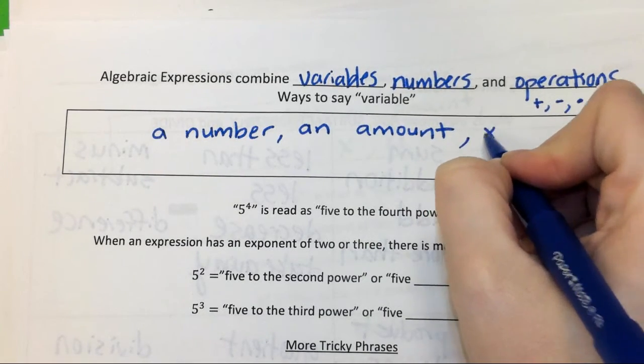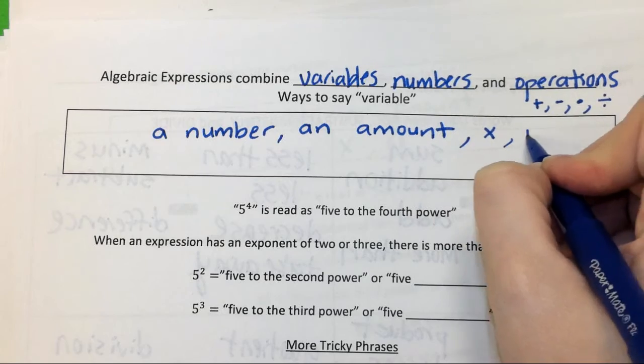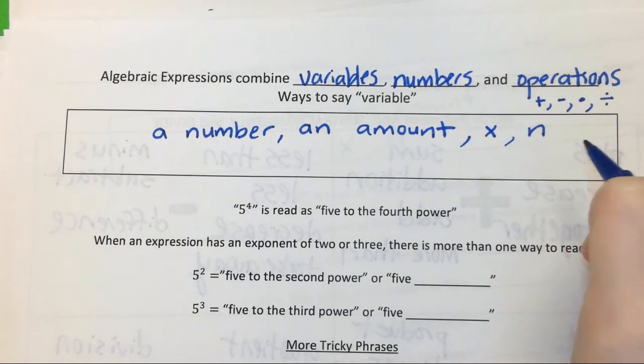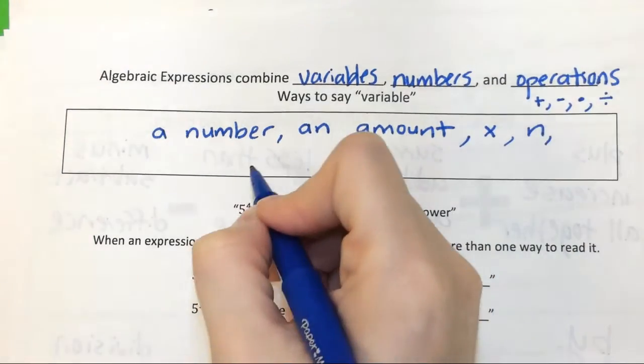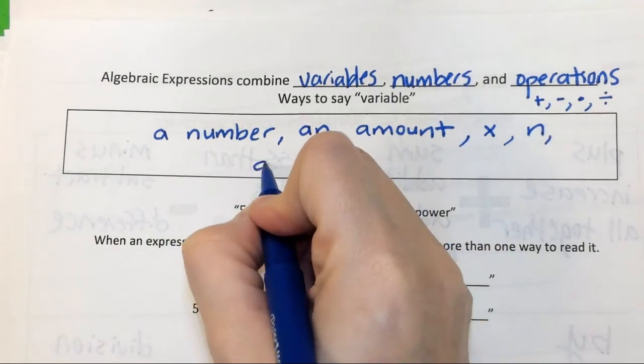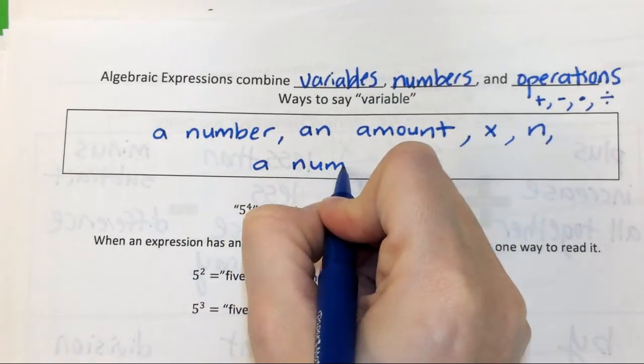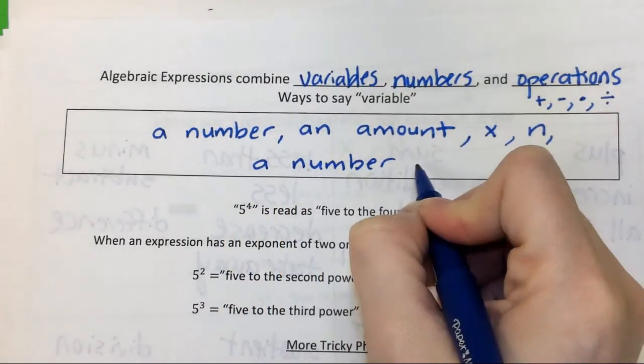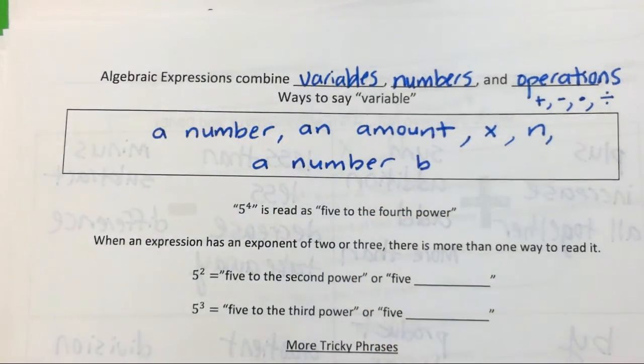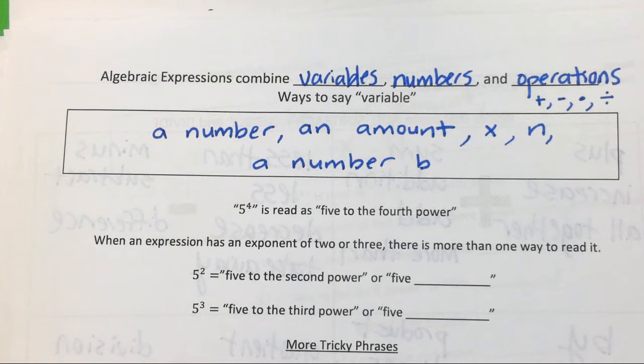So it could say x or n. And then sometimes it'll word it and it'll say a number b, like it'll say a number and then tell you what variable to use. You'll see all of those.